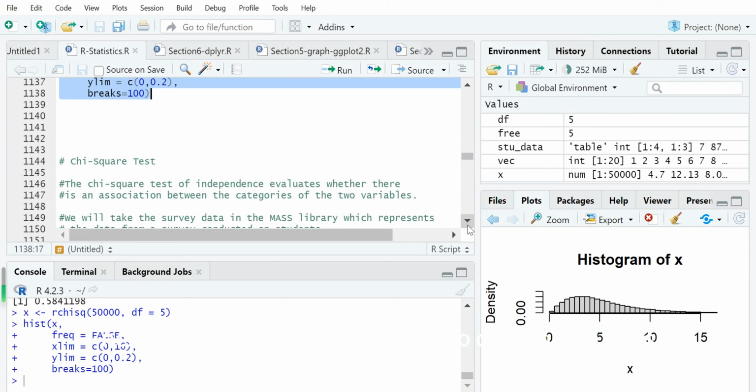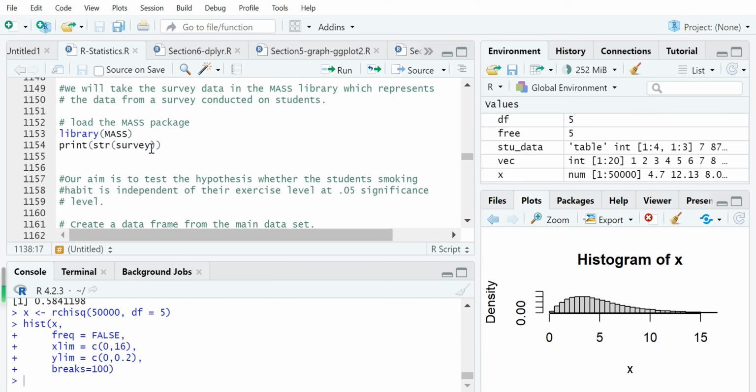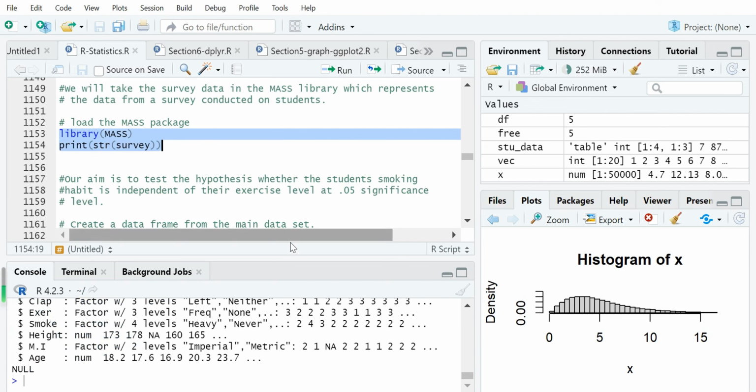Next, we will show an example of doing a chi-square test. The chi-square test of independence evaluates whether there is an association between the categories of two variables. We will take the survey data in the MASS library, which represents data from a survey conducted on students. So we load this library first, and we show the data called survey.